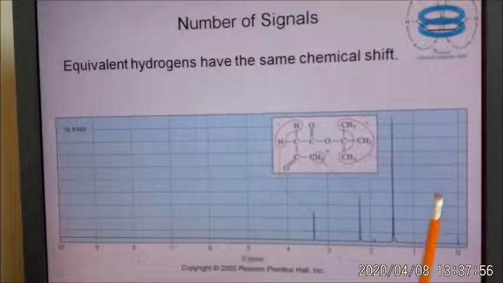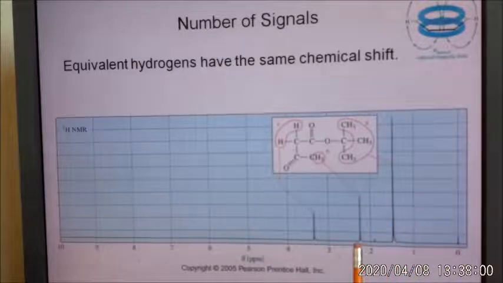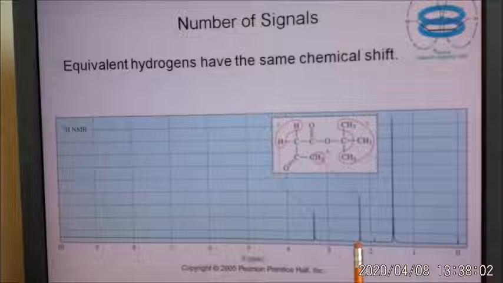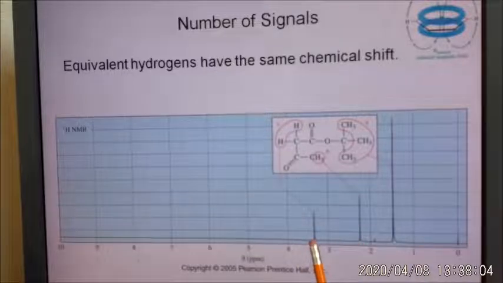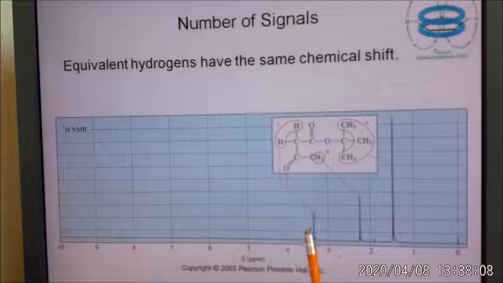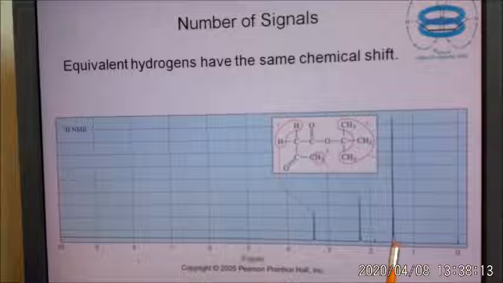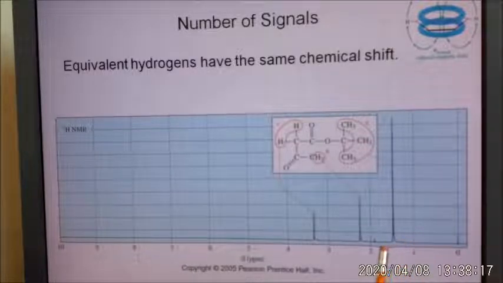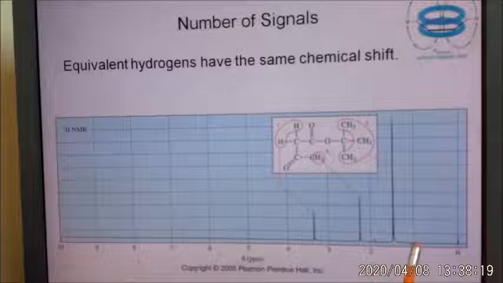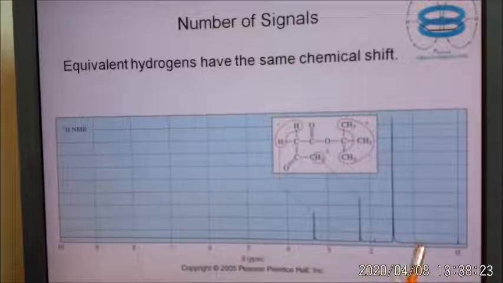So I have A, look how intense this signal is. I have B, okay, and I have C. Notice this is smaller than B because they only have 2 protons, not 3. Okay, so this one is a little bit higher in chemical shift value, more downfield, than what you expect for a methyl group, and you expect it to be around here.